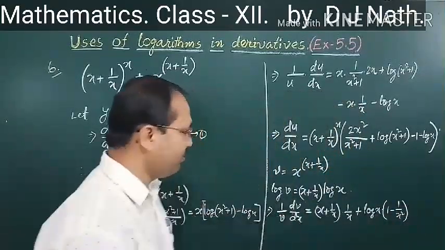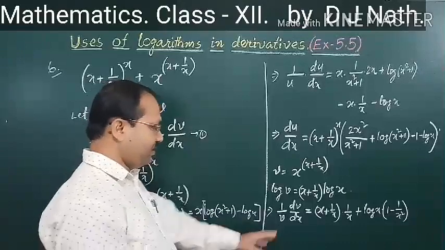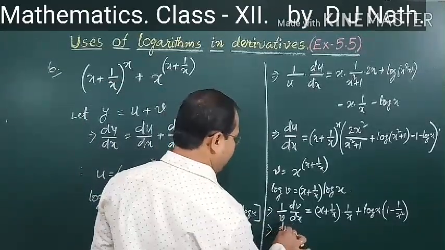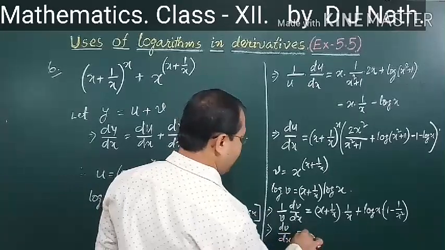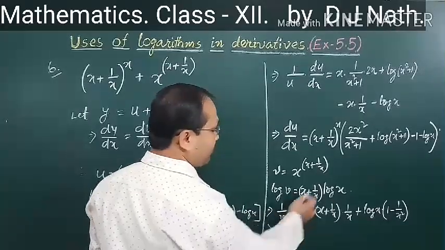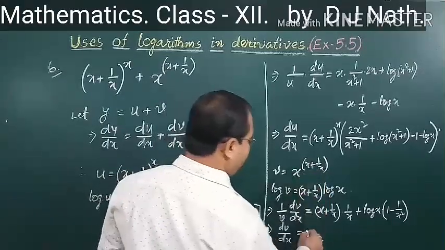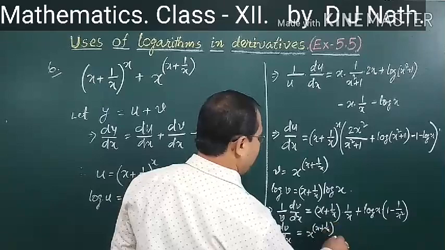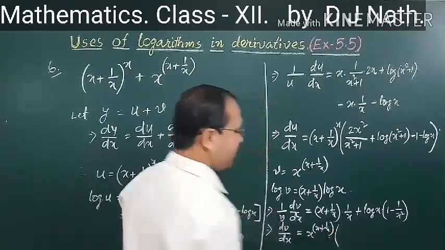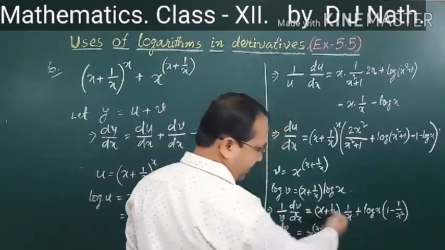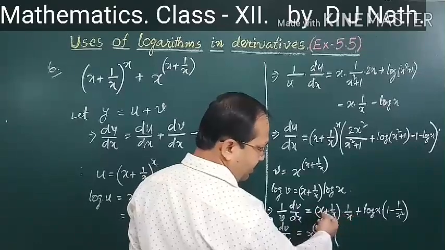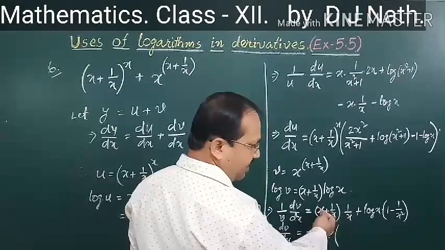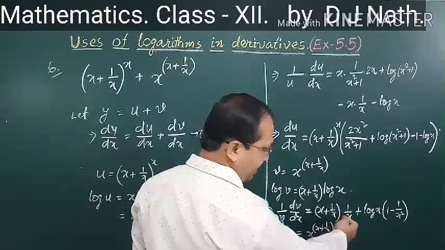Okay, so what will be dv dx? This implies dv dx will be equal to v. So v means which one? x to the power (x plus 1 upon x) into what is here now? If we take LCM, then it will become (x square plus 1) by x, and here x.